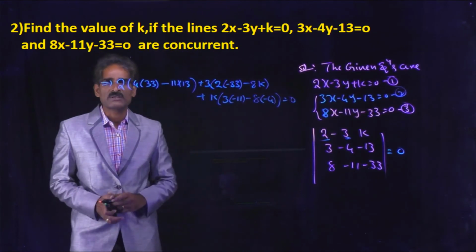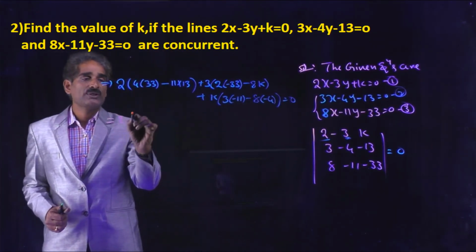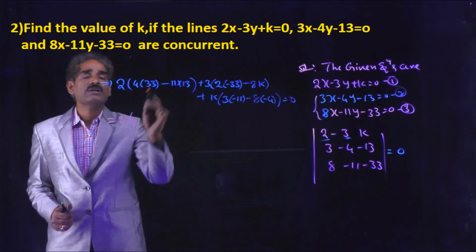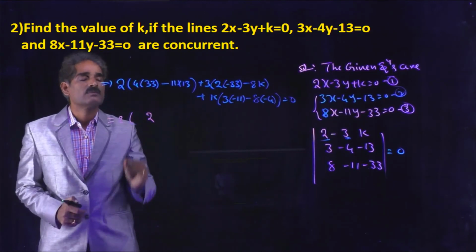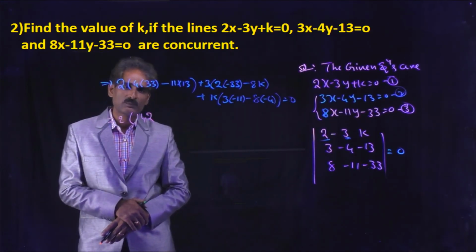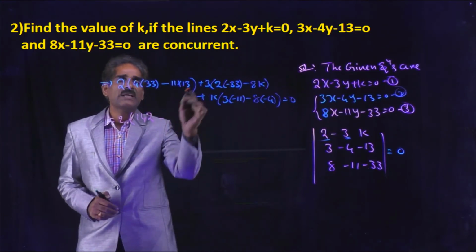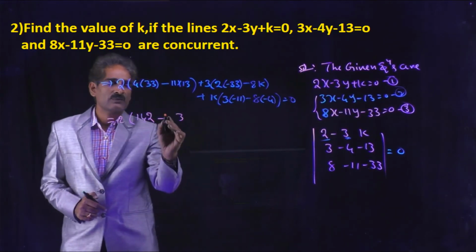Simplify this: 2 into 4 into 33 gives 264, hmm, next minus 11 into 13 gives minus 143.